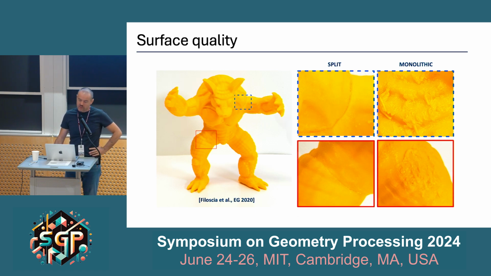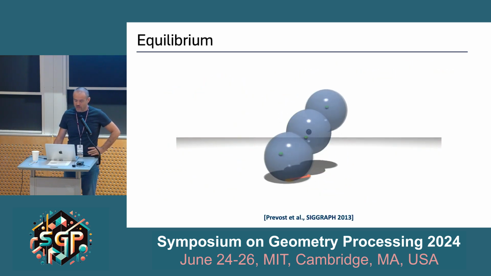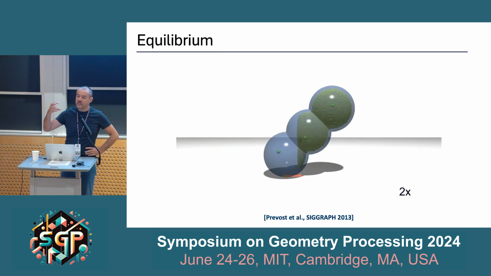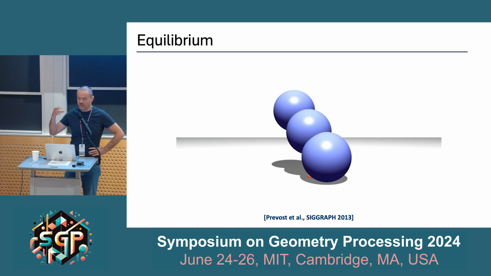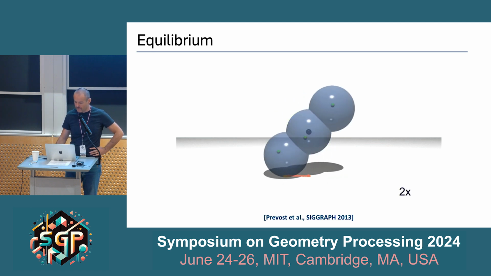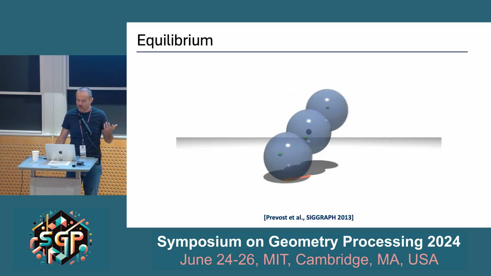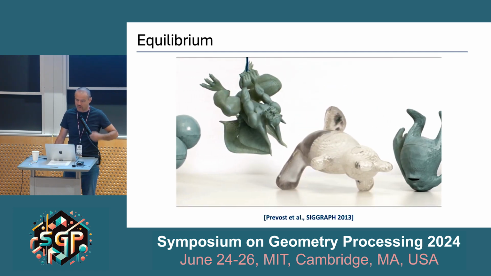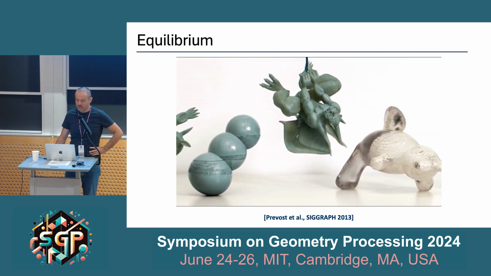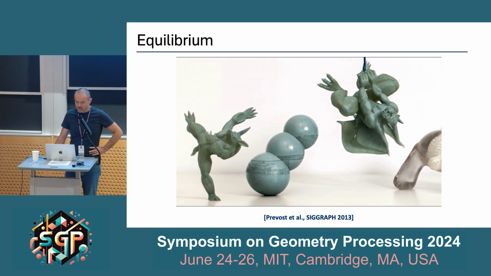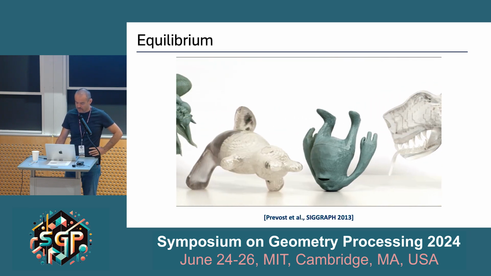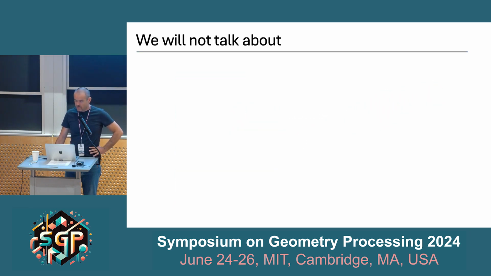And geometry processing can also help us to create voids inside the objects so that they have a certain wanted equilibrium, and this is something which is very useful to create nice objects like these in this video here. So this is mainly what we'll be talking about.